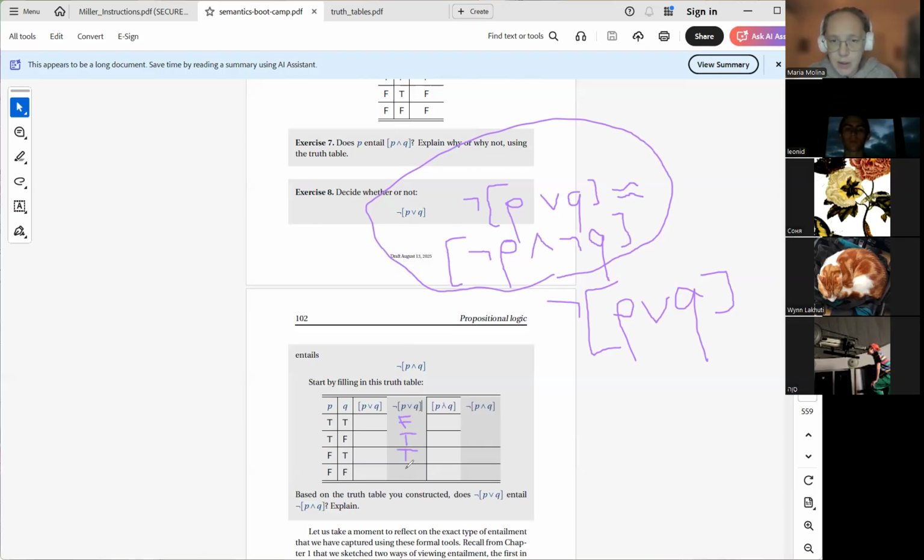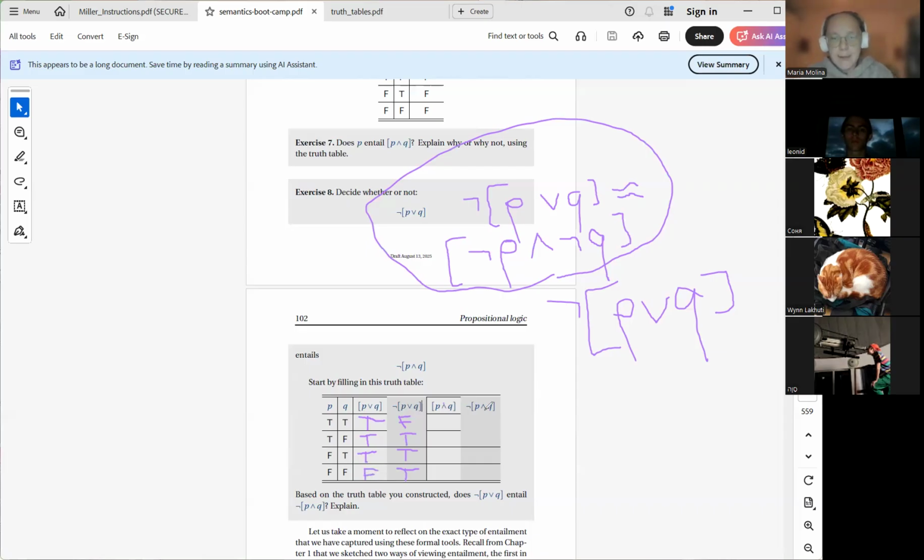And I guess we should get true in case both of them are false. So for P or Q, we get true, true, true, false. Right?